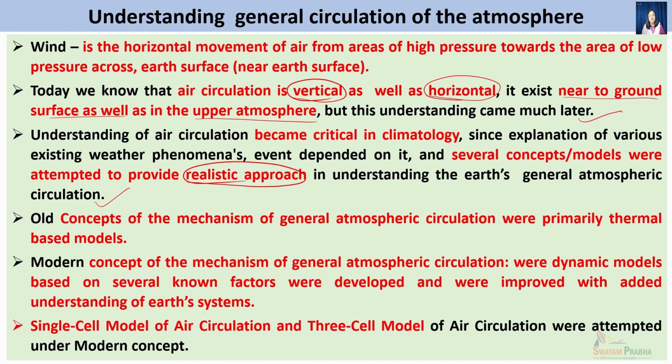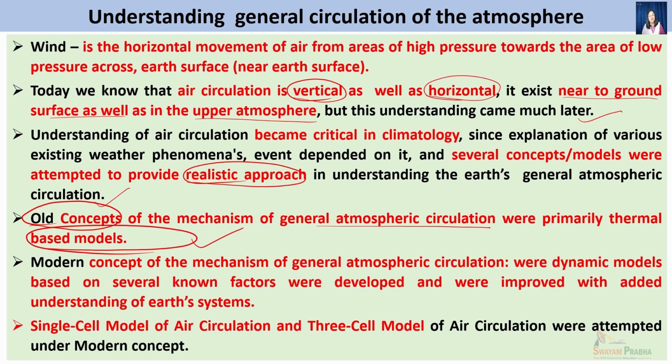So, with whatever information we had in the earlier times regarding the Earth and atmospheric systems, the models were developed to define the general atmospheric circulation. So, we have old concept which defines the mechanism of general atmospheric circulation, and it is primarily a thermal based model. In this initial time period, the thermal based models were developed.